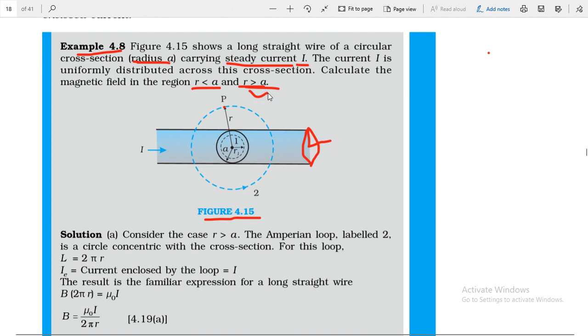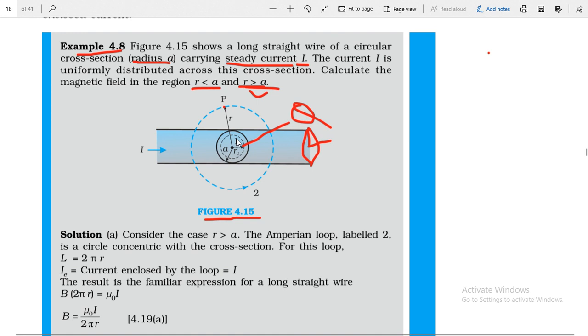In the first case, suppose this is some point Q. The distance in this case is taken as r1, so here r1 is less than a.